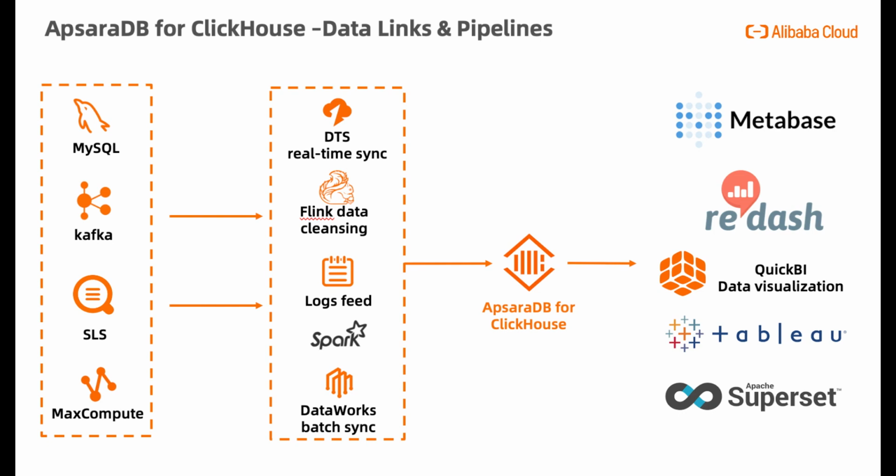As we mentioned before, it could do the table aggregation before data comes into ClickHouse, and then form a wide table. Then people can use ClickHouse for data visualization by using Metabase, Redash, or QuickBI, which is developed by Alibaba Cloud as well, and also Tableau or Apache Superset.